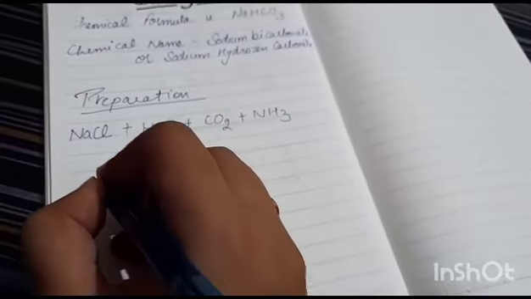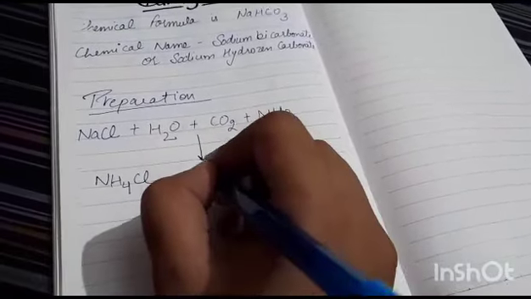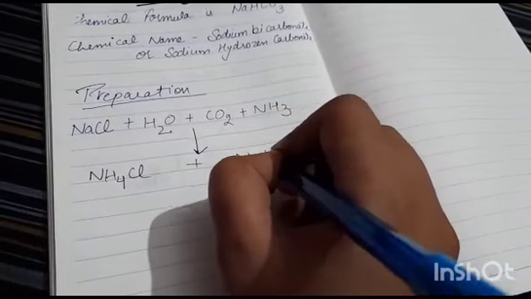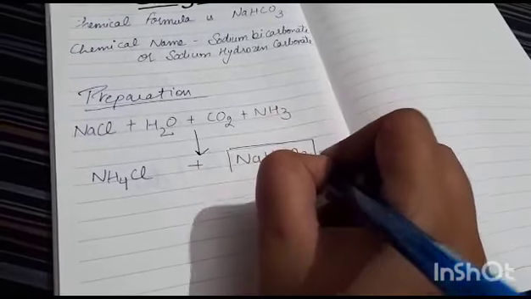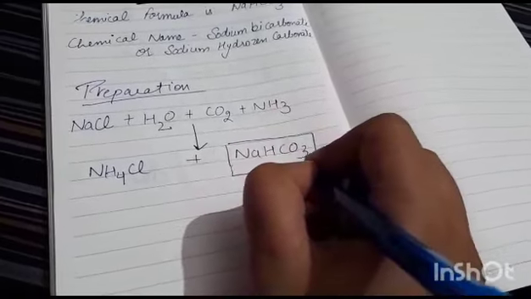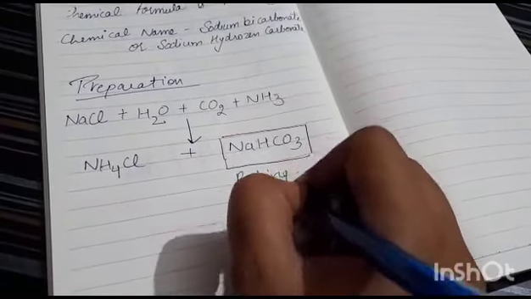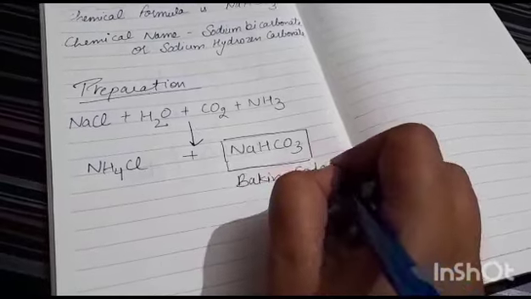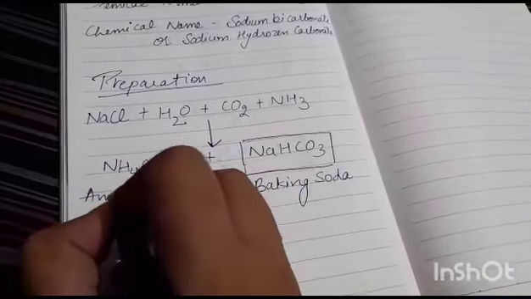This gives ammonium chloride, that is NH4Cl, plus NaHCO3. This is the product we want. This is known as baking soda. And we also get the byproduct ammonium chloride.